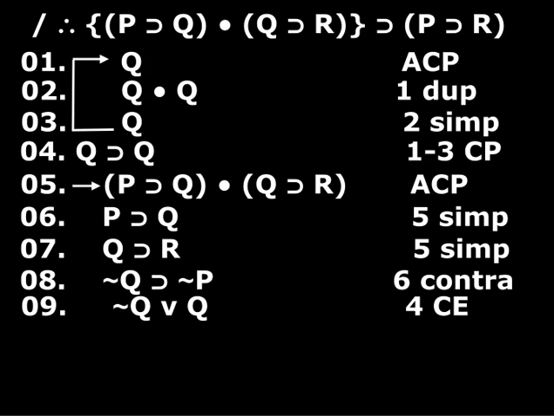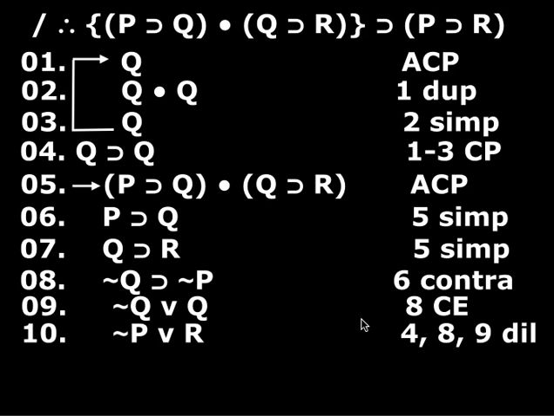So I can do dilemma on, actually it's not 489, it is 789. Is that right? Yes, I have two conditionals, the disjunction of their antecedents, and I get the disjunction of their consequents, P or R, and that's by 789. Dilemma, and this was conditional exchange on line 4.